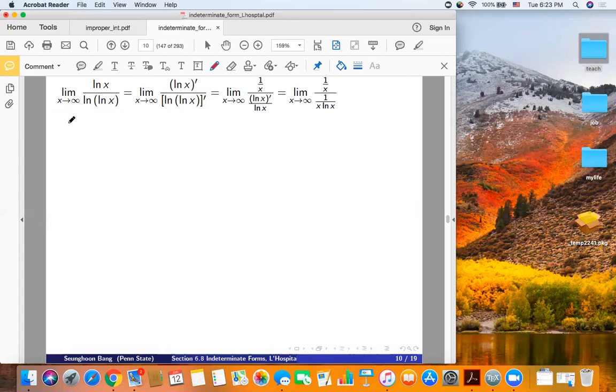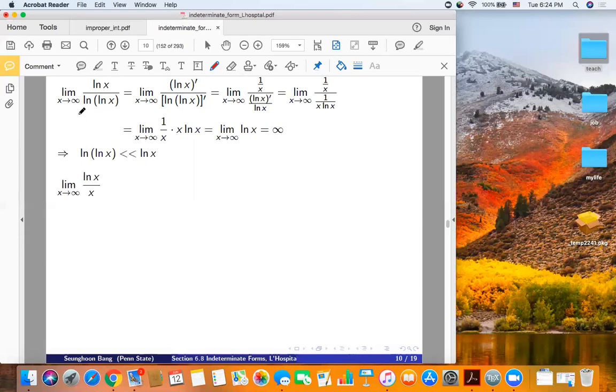We have 1 over x over 1 over x times ln of x. You can simplify, x is crossed out, such that we have ln of x. The answer is infinity. So what does it mean? The top one is growing faster than the bottom one.